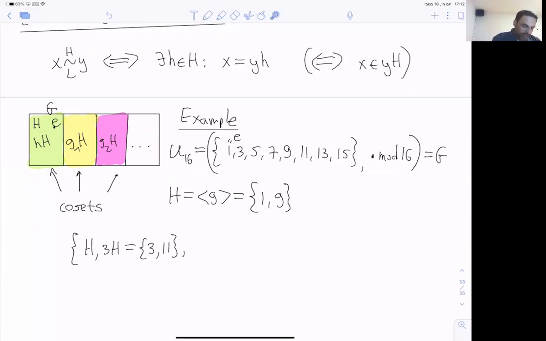You see, this is a shift of H, because this was 1, 9. So I took this 3 and multiplied by 1 and by 9. So I cannot have the neutral element here, because if I had it, then I would have an inverse of 3, but 3 doesn't belong to H, so neither does its inverse. So this cannot be a subgroup. Let's go further. 5.